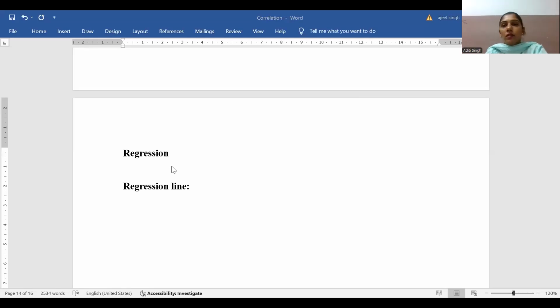So now let's understand the regression line. What is a regression line in regression? Regression lines are the lines of best fit expressing the mutual average relationship between the two series or the two variables. These lines give the best estimate of one variable for any given value of the other variable.